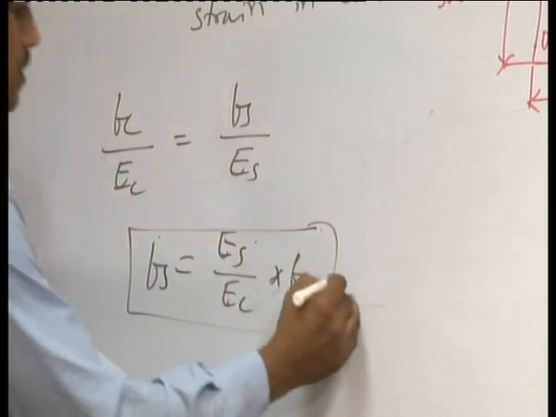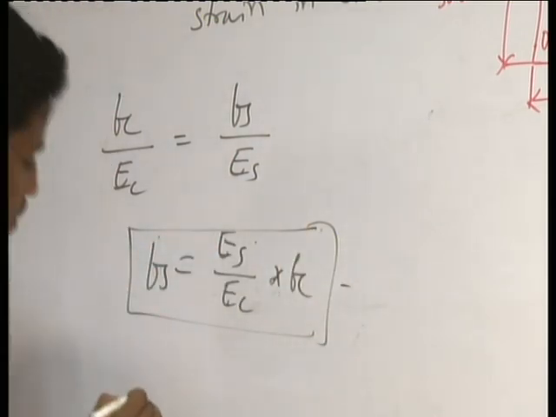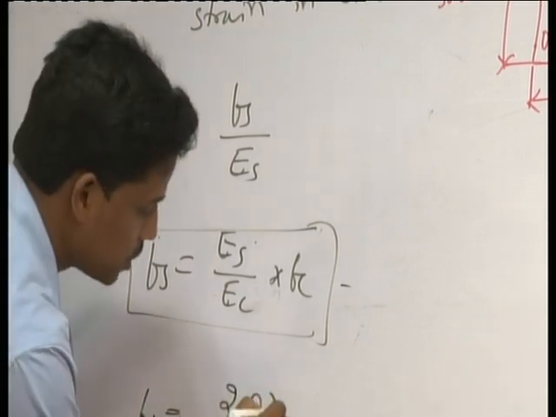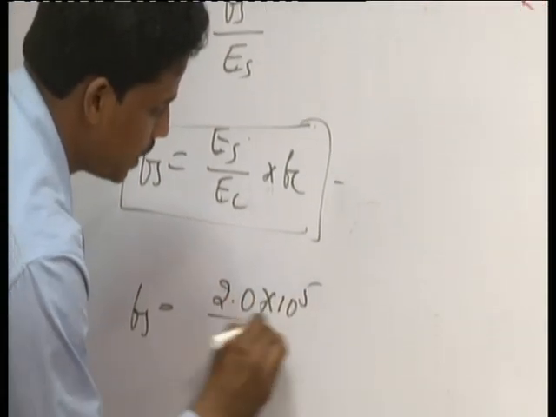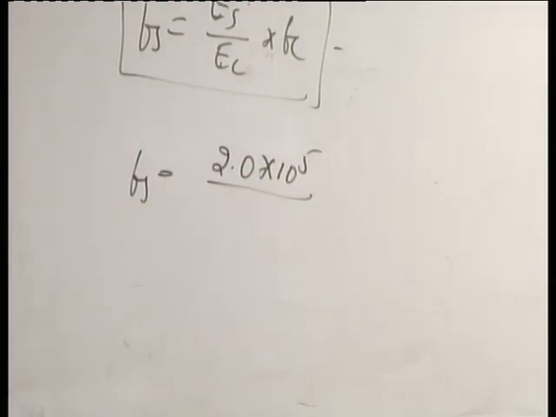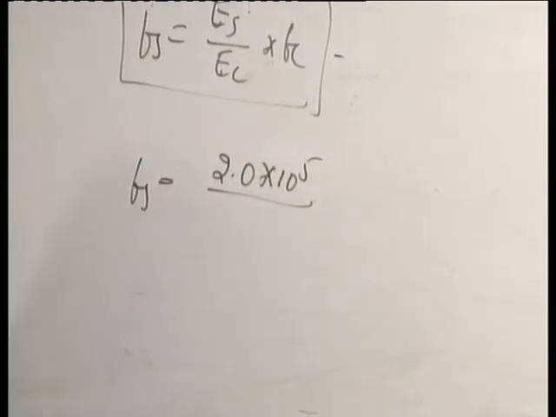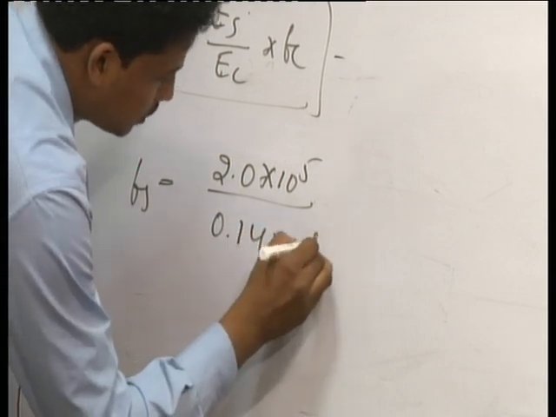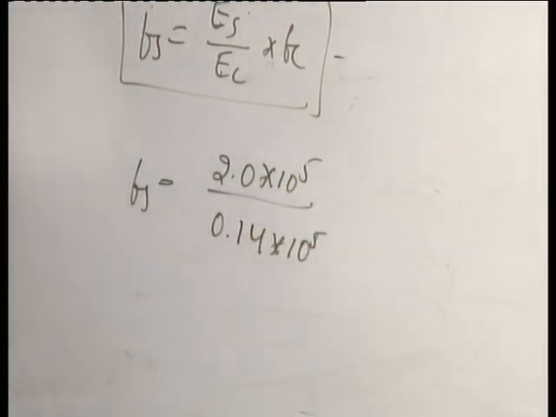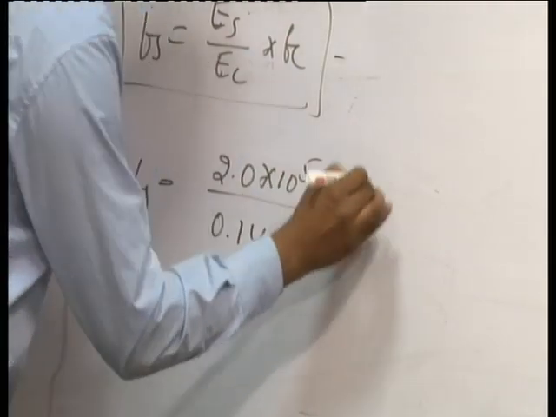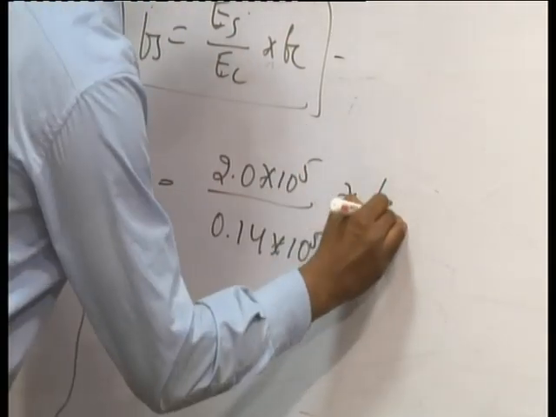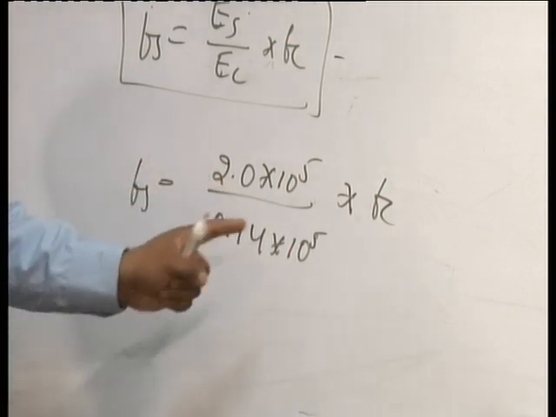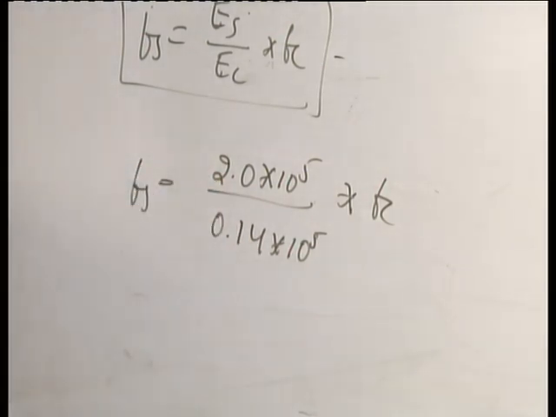So Fs is equal to 2.0 into 10 to the power of 5 divided by 0.14 into 10 to the power of 5. If you substitute the values of Young's modulus in this expression, 2.0 into 10 to the power of 5 is the Young's modulus of steel, and 0.14 into 10 to the power of 5 is the Young's modulus of concrete.